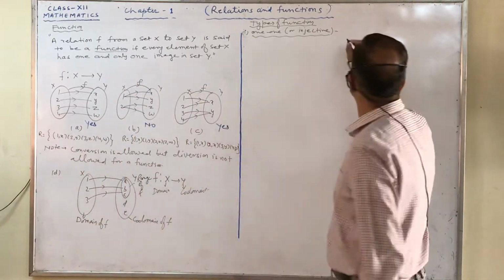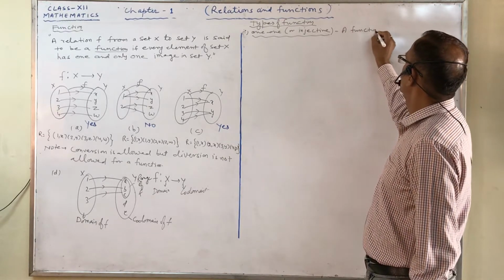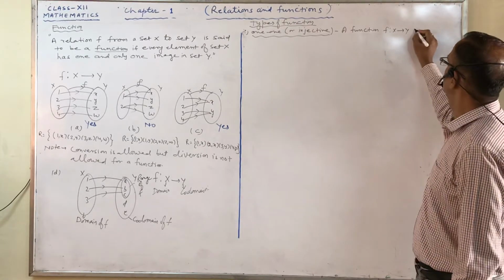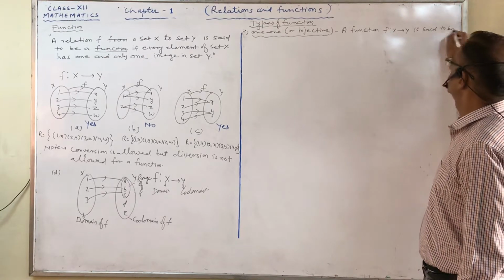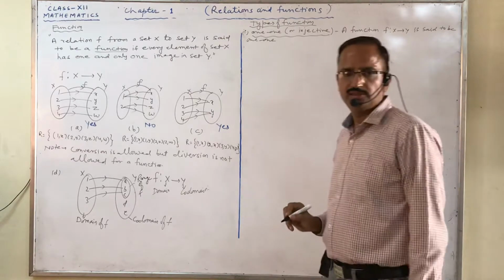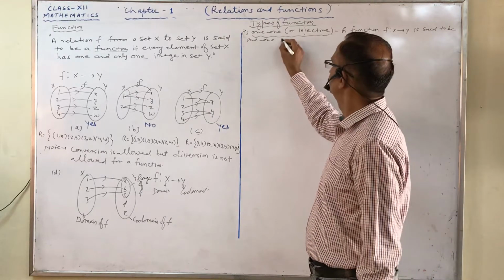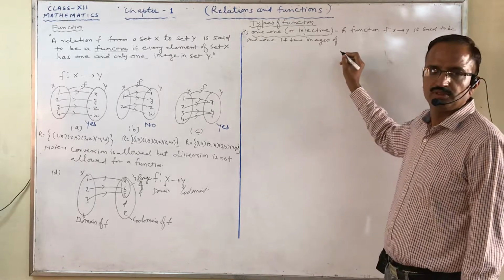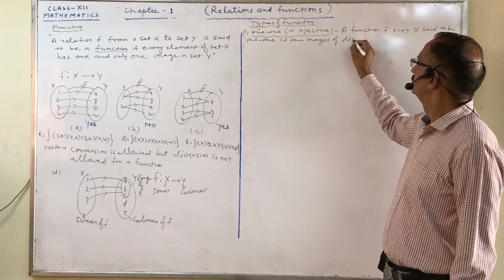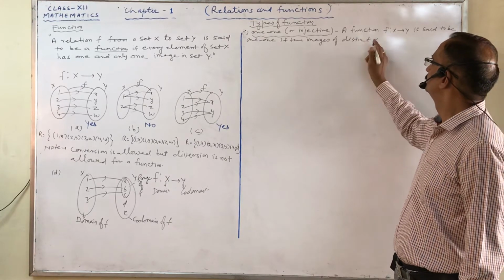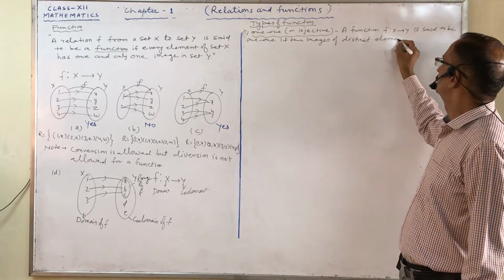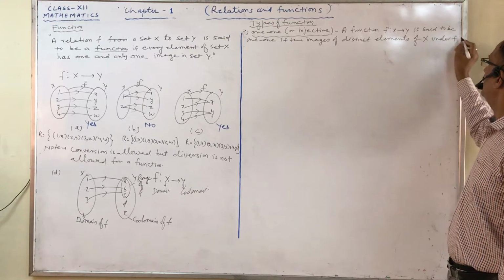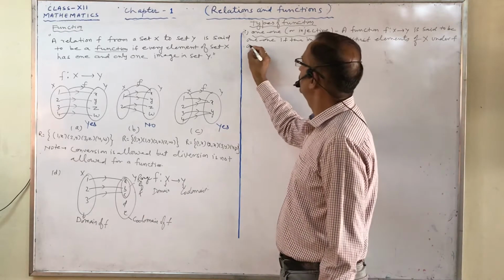A function f from X to Y is said to be one-one if the images of distinct elements of X under f are distinct.